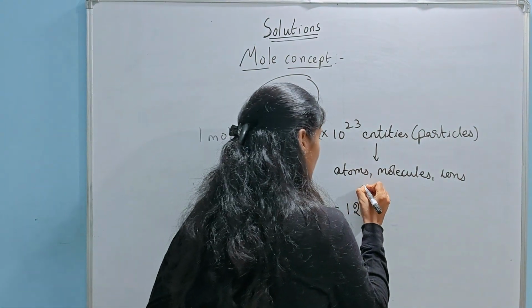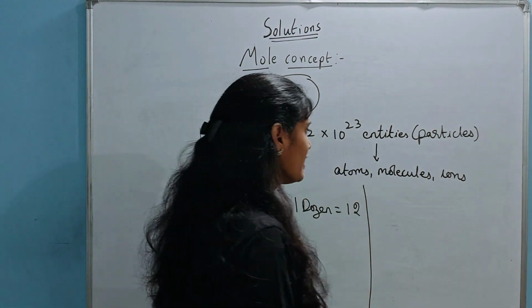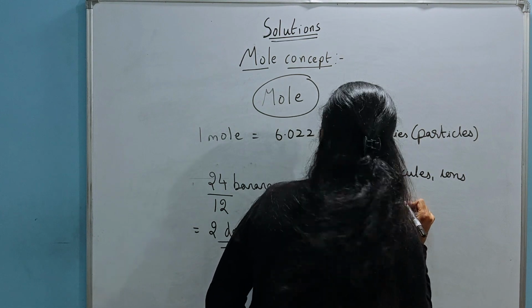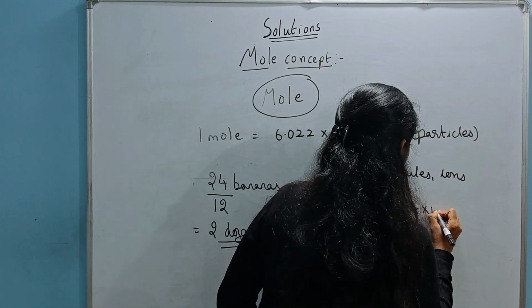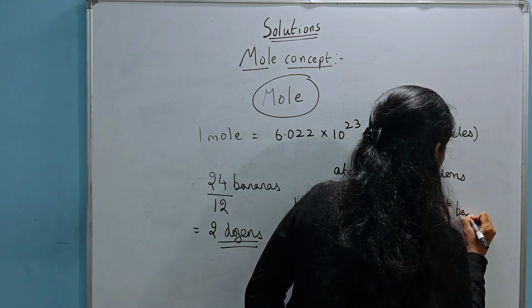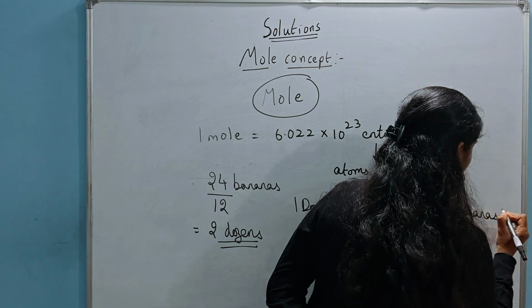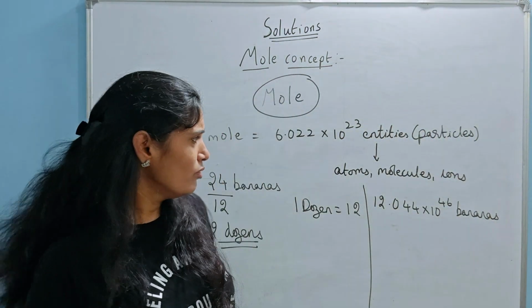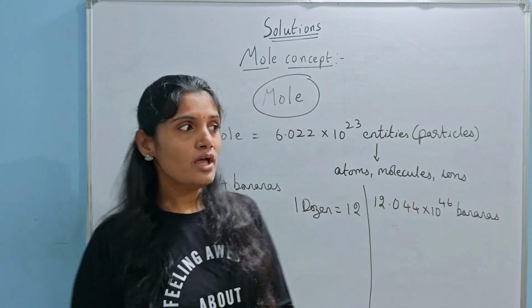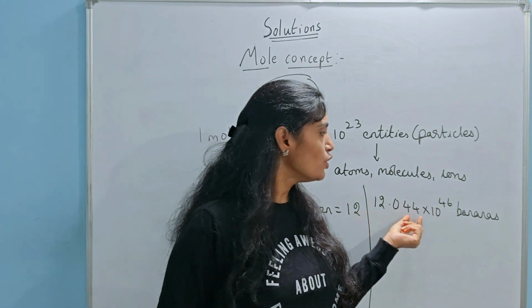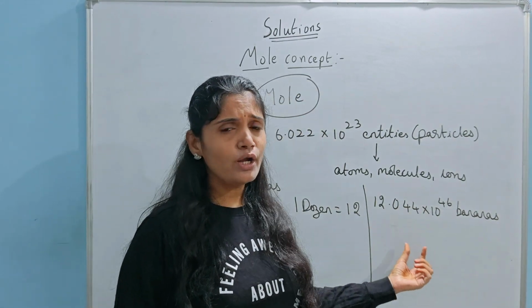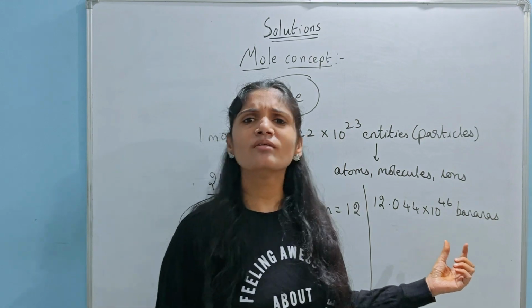In the same way, if I say 12.044 × 10^46 bananas, it is very difficult to say this big number. So instead of saying 12.044 × 10^46 bananas, I will convert it into a simpler term.